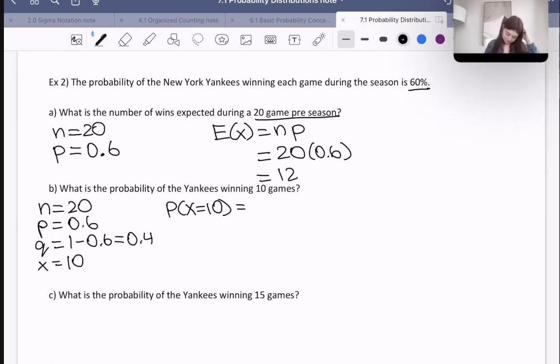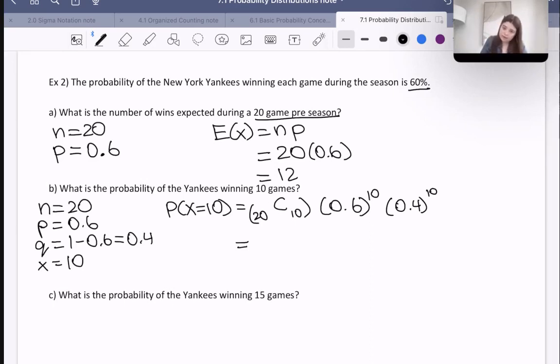Good. Okay, so let's plug in those numbers. So it's 20 choose 10, right? And then we need 10 wins. And then that means we also need 10 losses, right? To fill in those other 10 games that we didn't win.